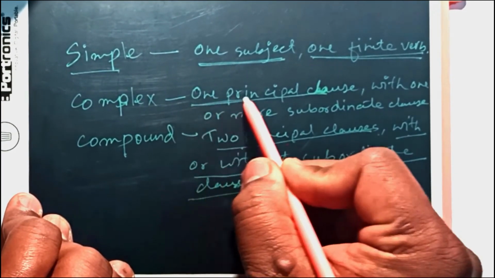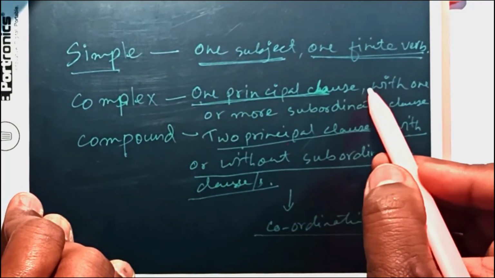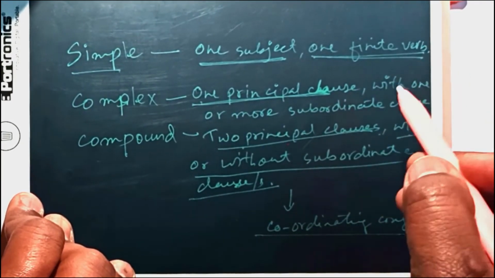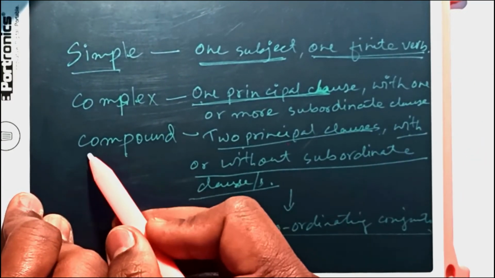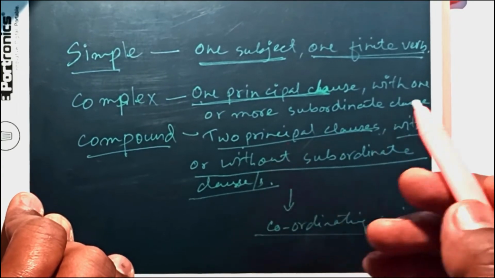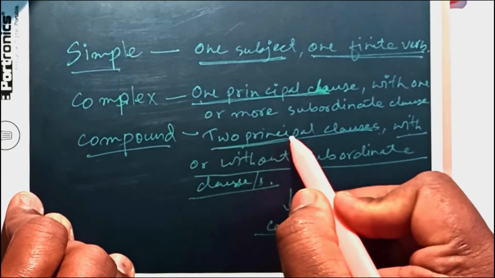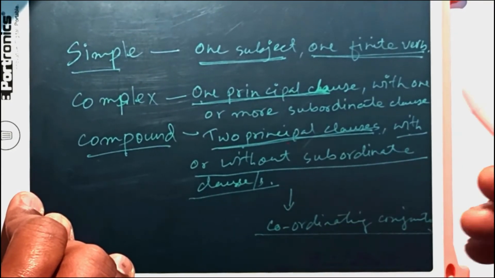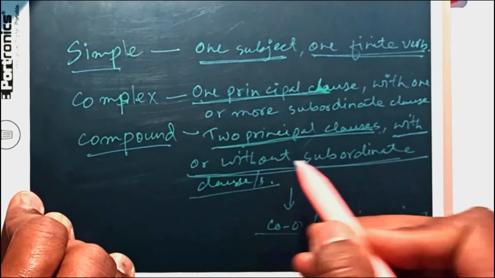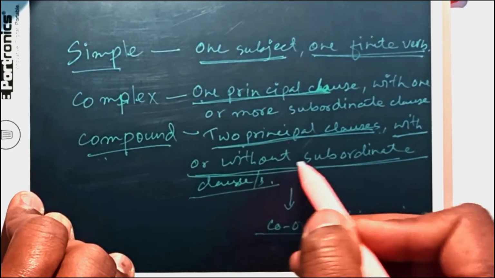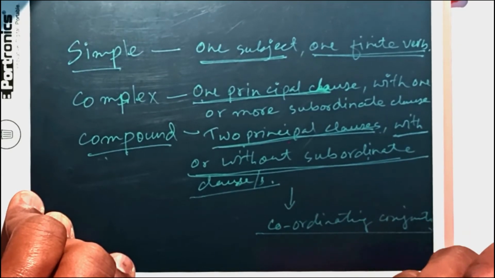In the case of complex, you have to recognize you must have one principal clause, which means you have only subordinating conjunctions used in this sentence. But in the case of a compound sentence, if you see one coordinating conjunction, that means you have two principal clauses, so that is going to make your sentence a compound sentence. You may have a subordinate clause, you may not, doesn't matter. Okay, I hope you understood it.